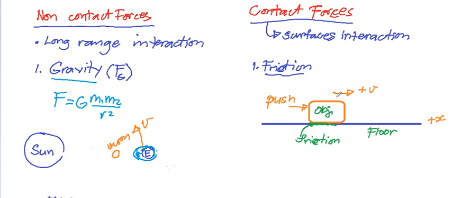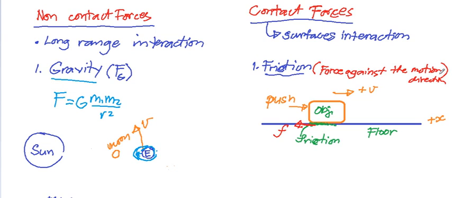If the object moves in this direction, then we can safely say that the force of friction is going in this direction, because friction is a force which is always against the direction of the motion.